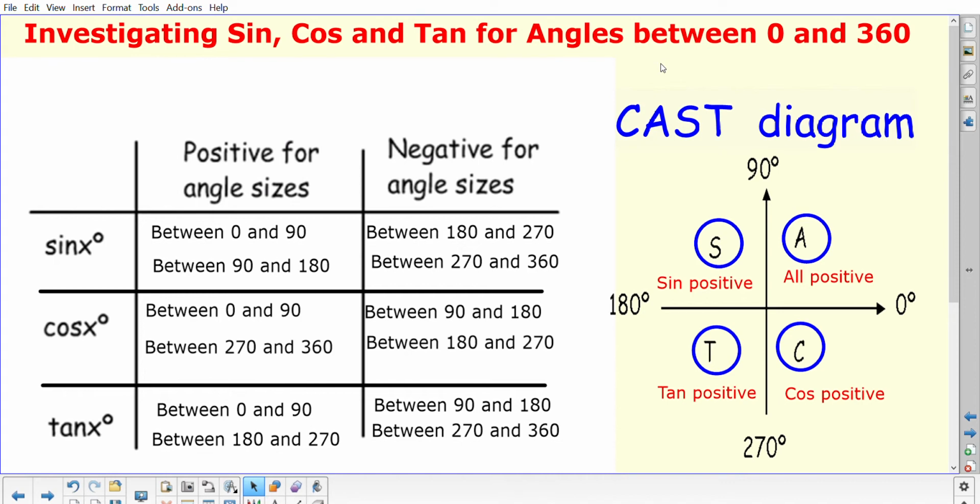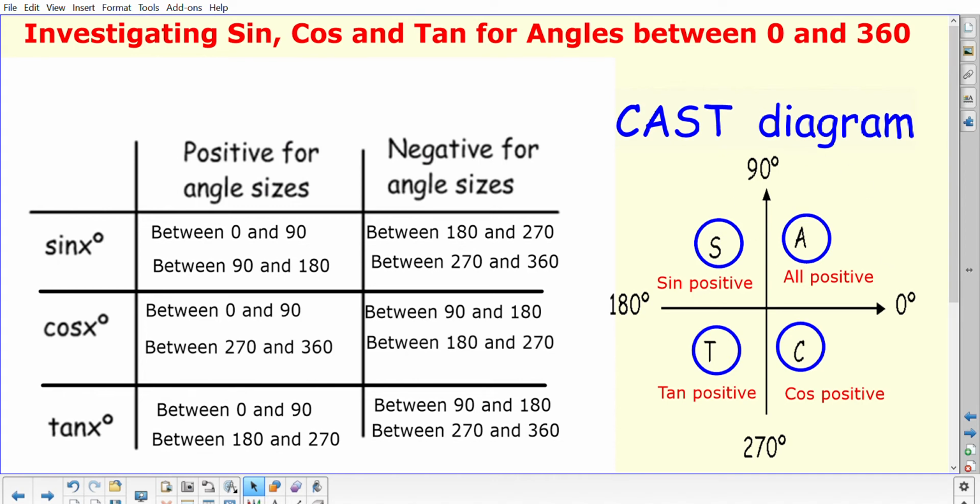If I was to ask you to look up values on your calculator for sine, cos and tan of different angles, for example cos of 115 degrees or the sine of 129 degrees, sometimes you'll get a positive value, sometimes you'll get a negative value, and it is related to the size of the angles, and they go in groups of 90 degrees.